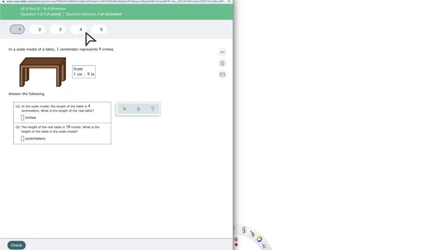So I don't mean from problem to problem, but before you close the screen, like clicking the little red X or closing your computer. You want to click the submit assignment button. Because number one, if you don't click the button, the system is going to lock you out of all of your other assignments, assuming you want to leave this attempt open. You have unlimited attempts. There's no reason to leave it open. Go ahead and click the button so that you're not locked out of topics or anything like that.